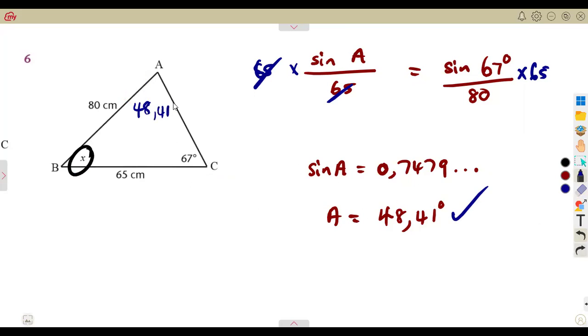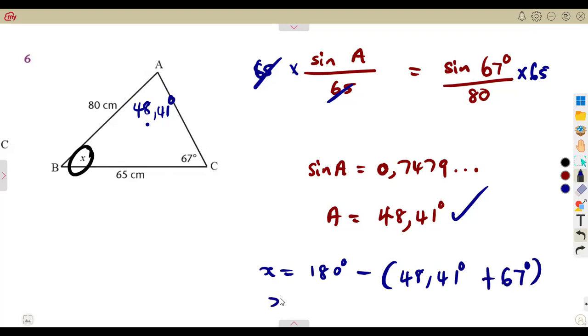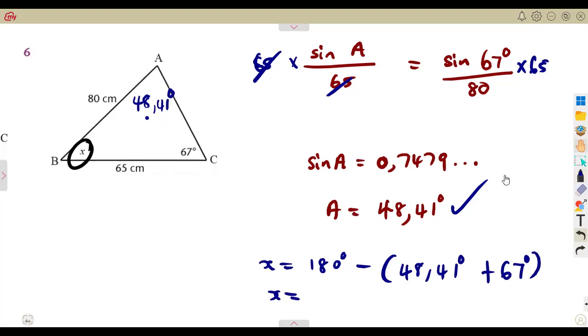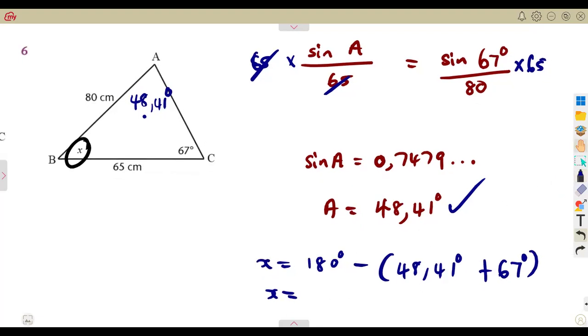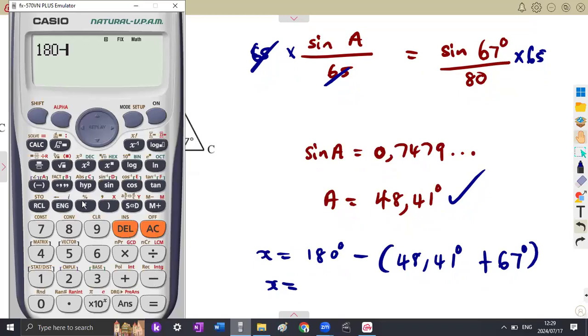So if this A is 48.41 degrees, what about X? Angles in a triangle add up to 180 degrees. So we can subtract the 48.41 and the 67 degrees together from the 180 degrees to obtain the value of X. So you have to be very, very careful in the proving part, in the testing of the conditions that match the triangle.